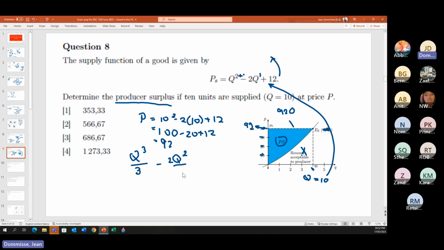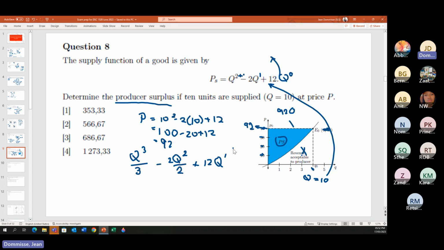But we divide by whatever is up there, plus 12q. So remember q to 0 gives you the 1. So we basically have q1.